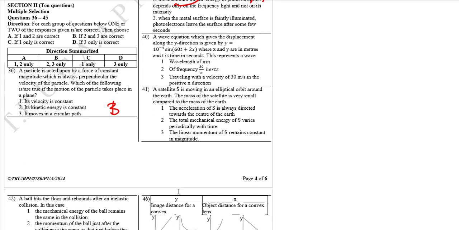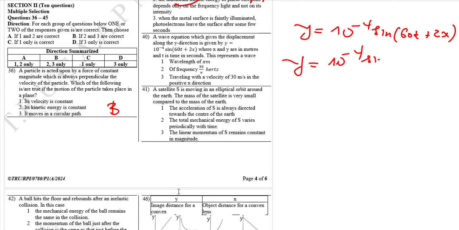So what do we have? We have y equals 10 to the negative 4 sine of (60t plus 2x). Now we can compare this with the general equation of a wave, 10 to the negative 4 sine of (omega t plus phi).